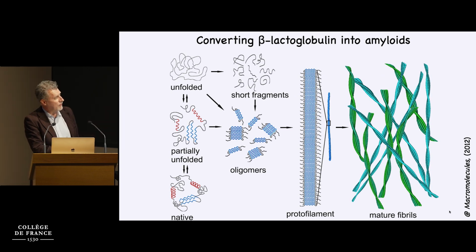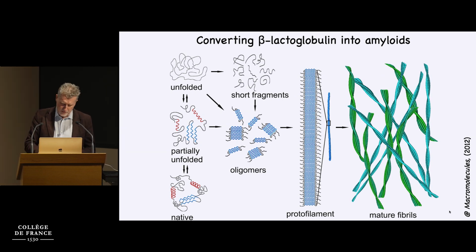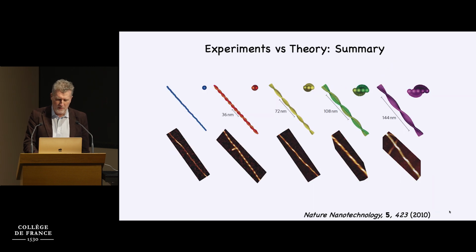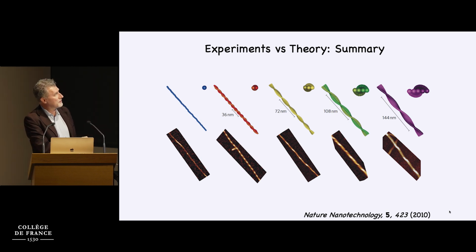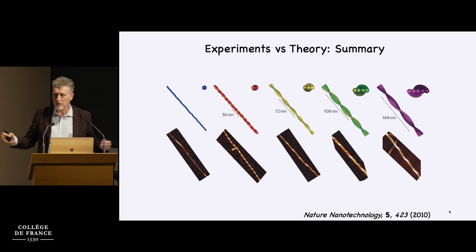The peptides refold into cross-beta strands, beta sheets that pack on top of each other, form protofilaments, and various protofilaments then aggregate laterally and form the mature fibril. Now, this is something that is done in a very simple, quick, and dirty way, but what you end up with in the end is a polymorph of fibrils.